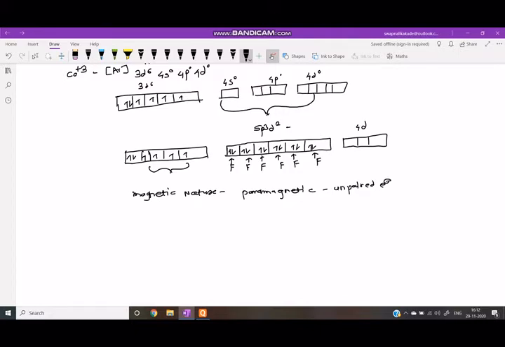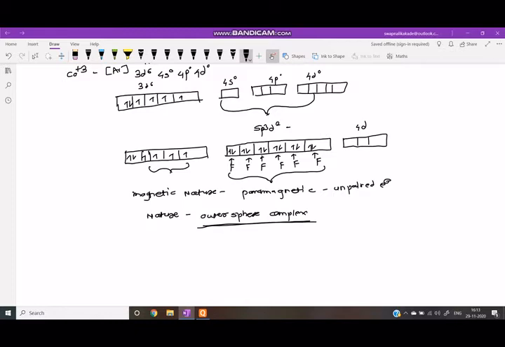Now we can find out the nature of the complex. This complex is an outer sphere complex, because the outer orbitals are used.